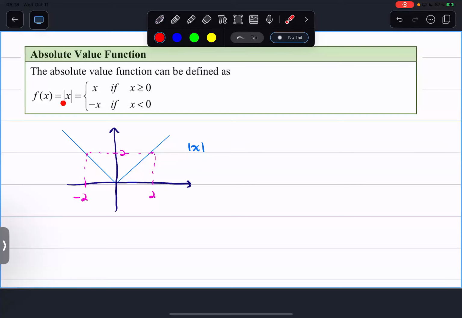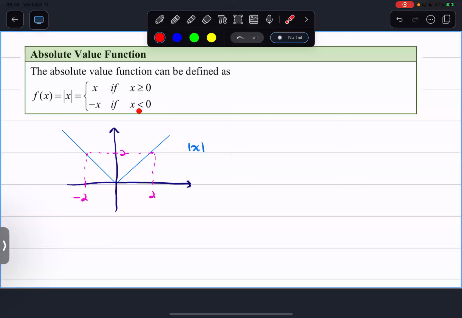If we have a function and it's the absolute value of x, then it's a piecewise function, right? And so it breaks it up whether x is positive or equal to 0, because 0 is not negative. I'd say it's not really positive either, but anyways, doesn't matter. It's included in the positives. Okay, and so if x is greater than or equal to 0, then it just returns whatever value is inside the brackets, x, right?